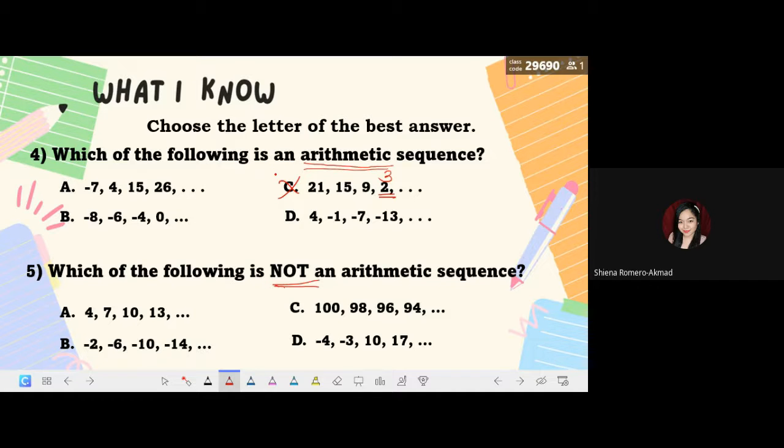Sa letter B, is it positive? Okay, that's positive. So negative 8 plus positive 2, it's negative 6. Plus positive 2, it's negative 4. How about for negative 4? Negative 4 plus positive 2, is it 0?